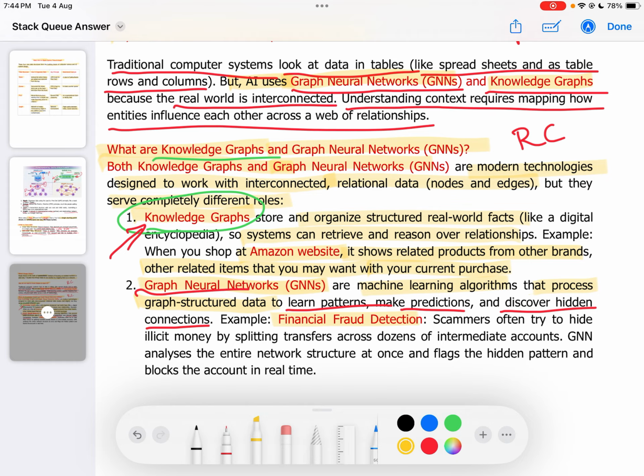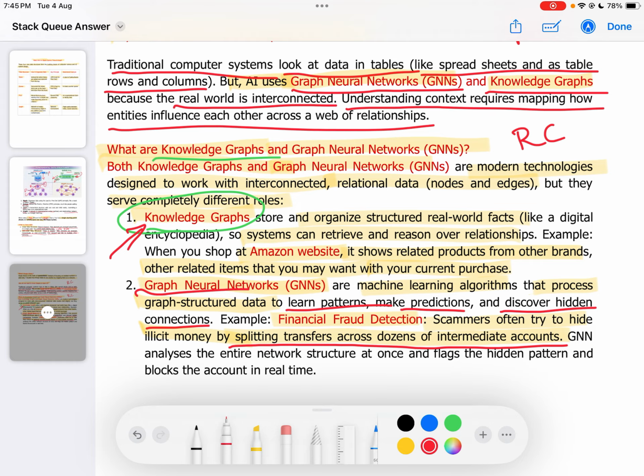What scammers do is take money from account A and move it to account B, and then split the money into dozens of intermediate accounts. That's what these scammers do.